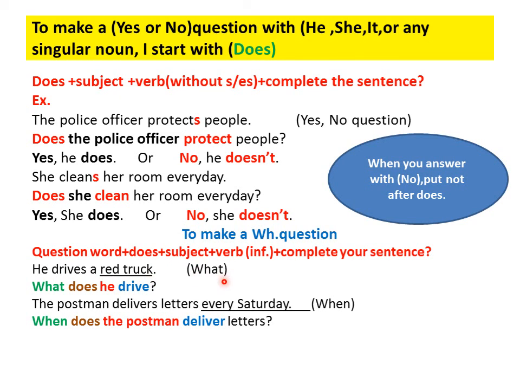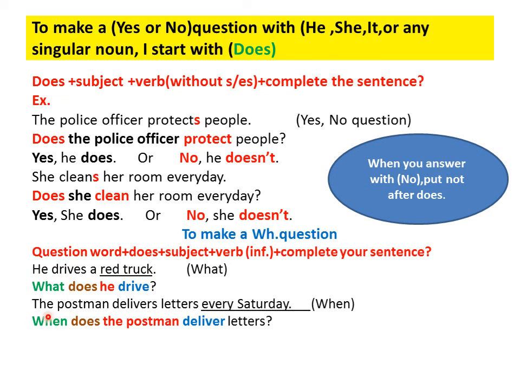And I want a question with what. What, question word. Then does. What does? The subject is he. What does he? Then the verb drive. I deleted s. So what does he drive? Can I say what does he drive a red truck? No. I'm asking about red truck. What does he drive? He drives a red truck.